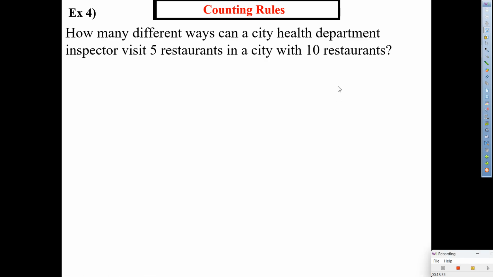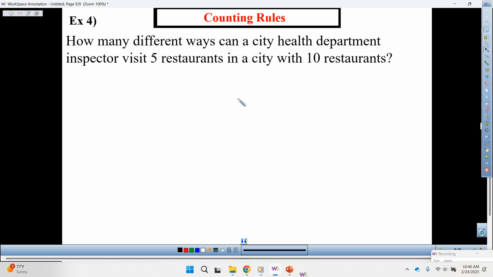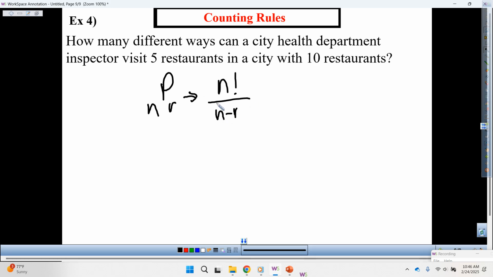All right, walk us through this one. How about Austin? Let's go, Austin. Permutation rule, nPr equals n factorial over n minus r factorial.